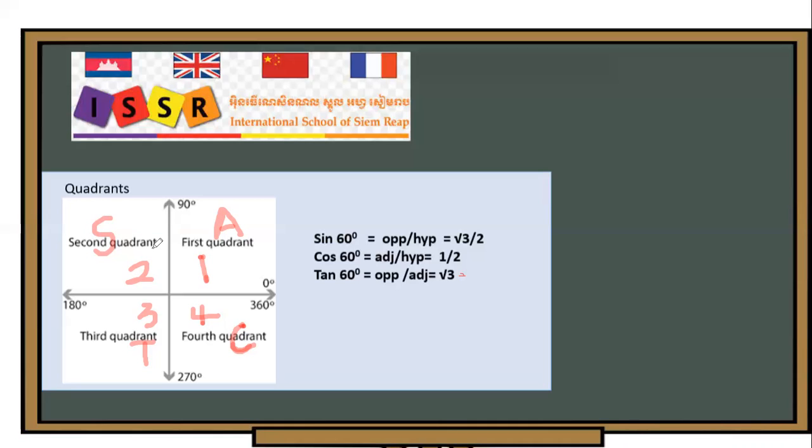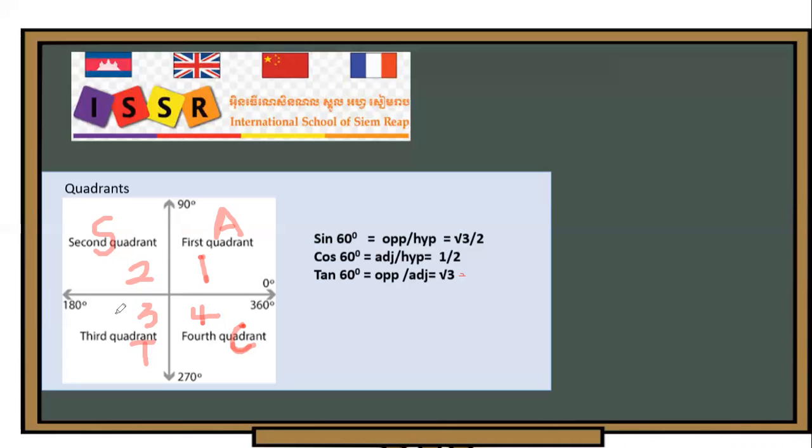I want you to try that. Find cosine 75 degrees, sine 75 degrees and tan 75 degrees. You're going to see that tan and cosine will give you negative numbers.